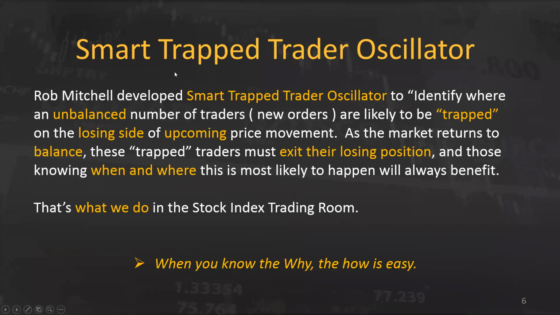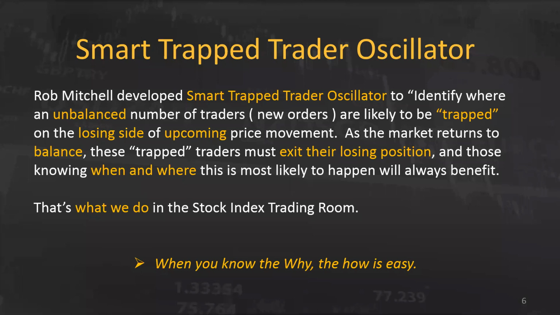Rob developed Smart Trapped Trader Oscillator to identify where there's an unbalanced number of traders that are likely to be trapped on the losing side of upcoming price movement. And we can find areas that give us up to historic 80, 85, even higher percent historic track record.